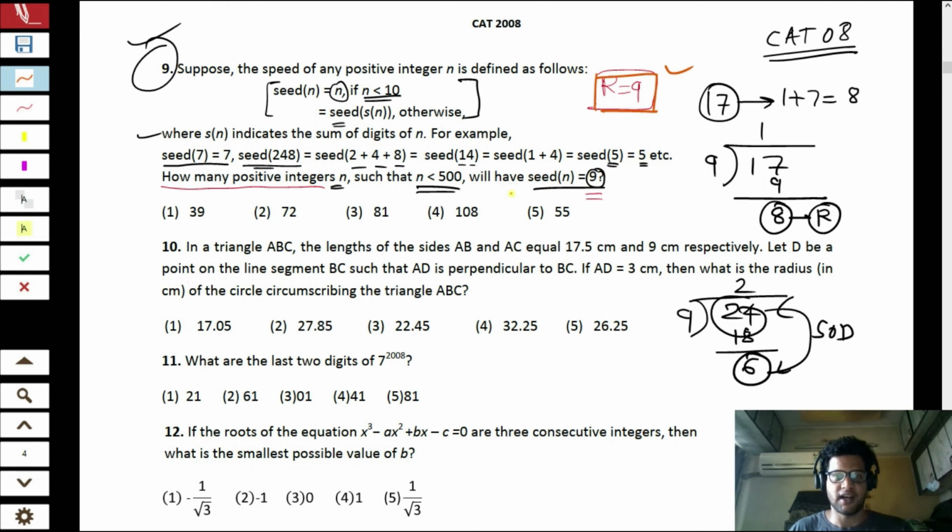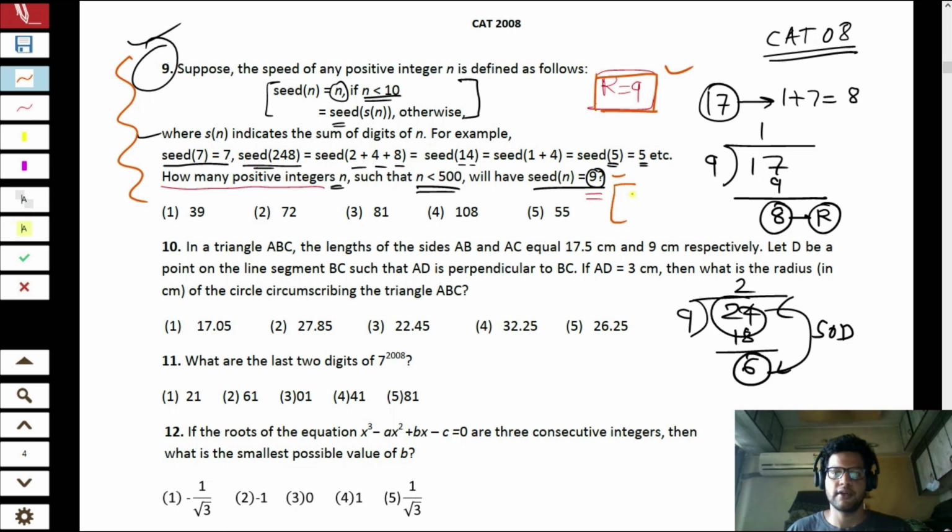That means they have asked how many numbers between 1 to 500 are divisible by 9. So this was a simple way of asking a question, and this was a complicated way of asking the same question. The question was how many numbers between 1 to 500 are divisible by 9.